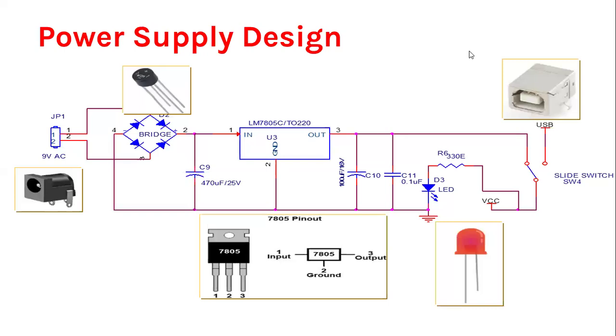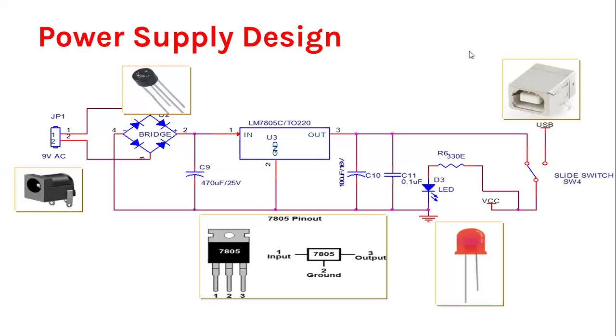It has some ripples. To remove those ripples we use the filter section. Once you remove the ripples, then maintain a constant voltage. To maintain the fixed voltage, which is 5 volts, we use regulators.